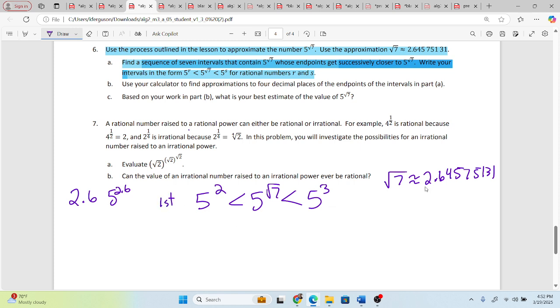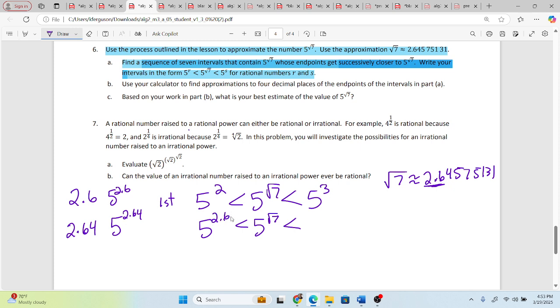So now that was 2.6 that I chose. So now I'm going to look at 5 to the radical 7, and let's say we're looking at 2.64 as a number. So that means I'm looking at 5 to the power of 2.64. So I need to think of what two numbers it can be in between. So I'm going to have 5 to the 2.6 power.